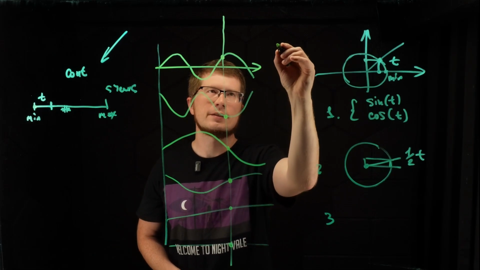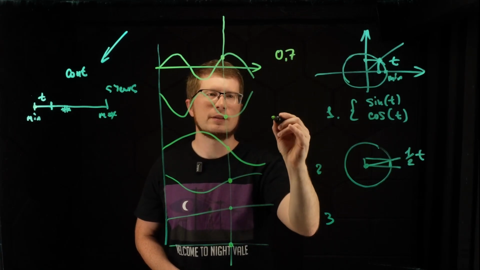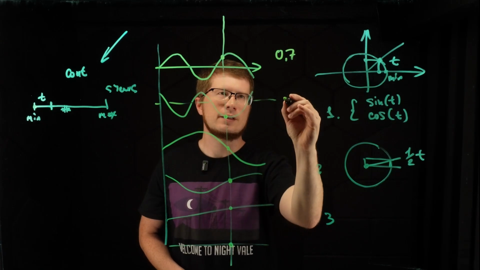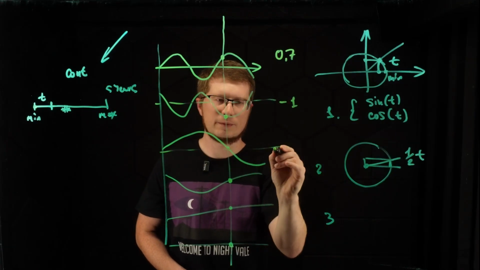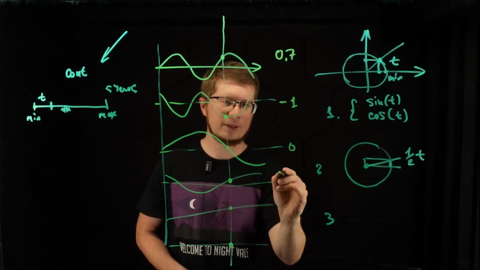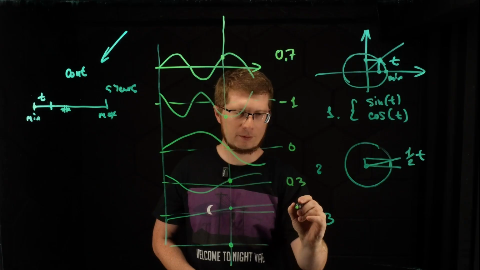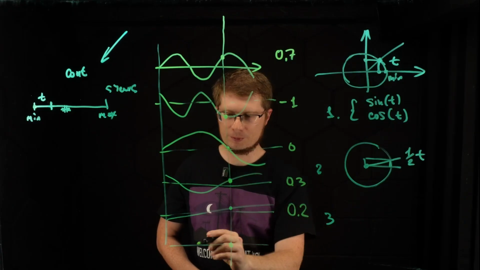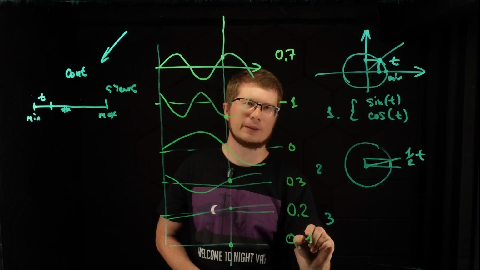So it's .7, then there's going to be -1, that one is, let's say, 0, it's going to be 0.3, 0.2, and this one, I don't know, 0.1.